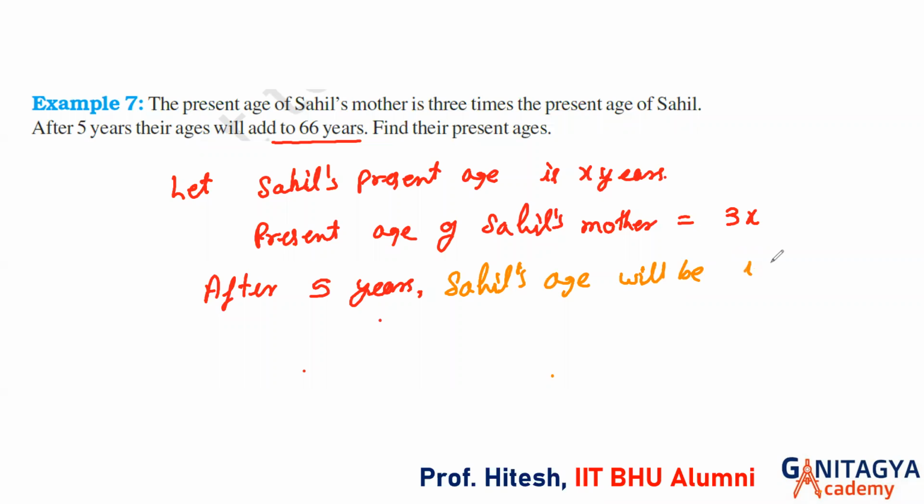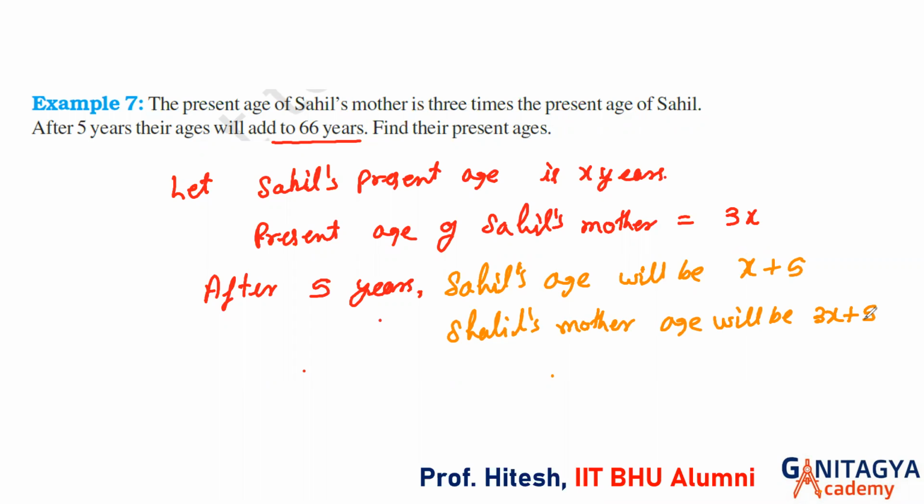It will be x plus 5, and Sahil's mother's age will be 3x plus 5. Understood? So this is after 5 years.